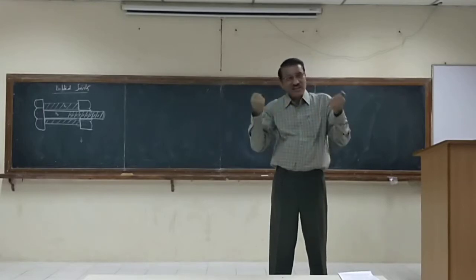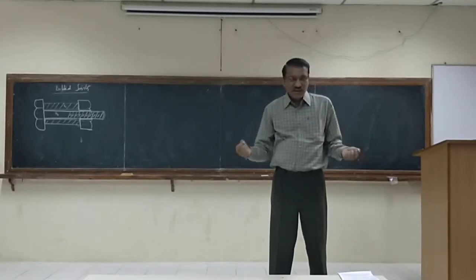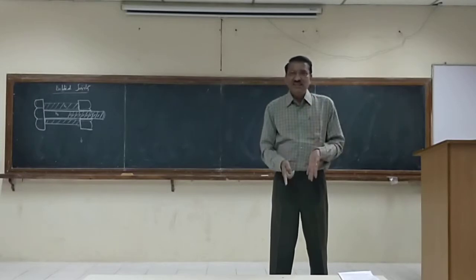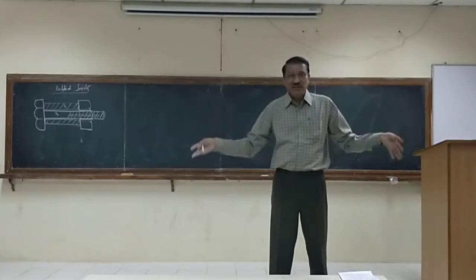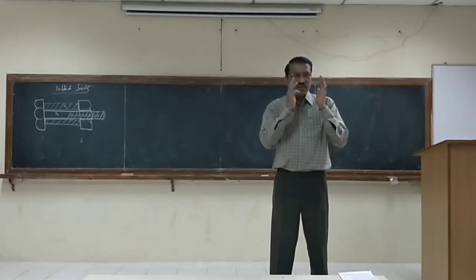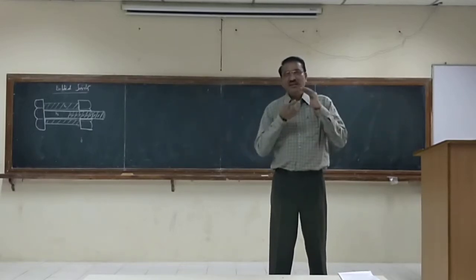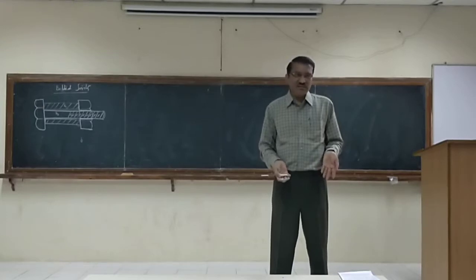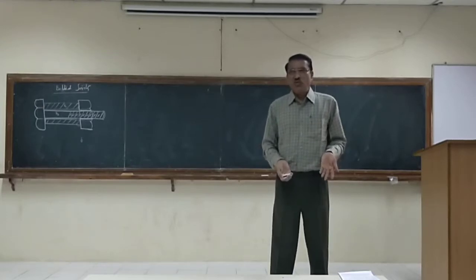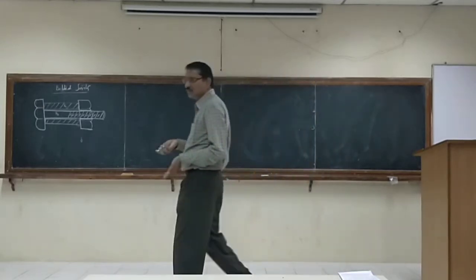So the extension of the bolt and compression of the cylinder together are equal to delta. The absolute value of compression plus the absolute value of extension of the bolt is equal to delta. That's a constraint equation.